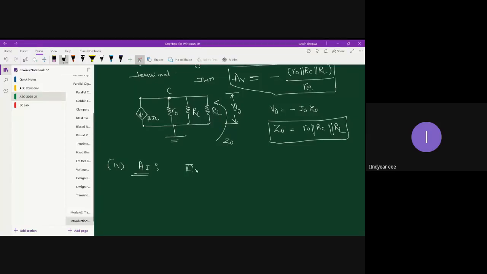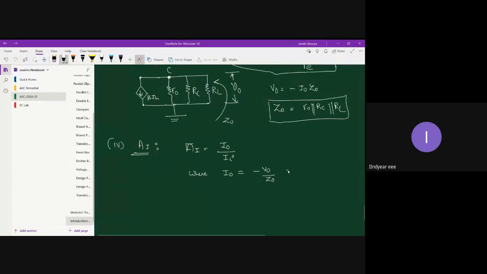Current gain AI is given as I naught by II, where I naught can be extracted from your output voltage expression. What is I naught? I naught can be given as minus V naught by Z naught, because we have already seen V naught is negative I naught into Z naught. So I naught is minus V naught by Z naught.